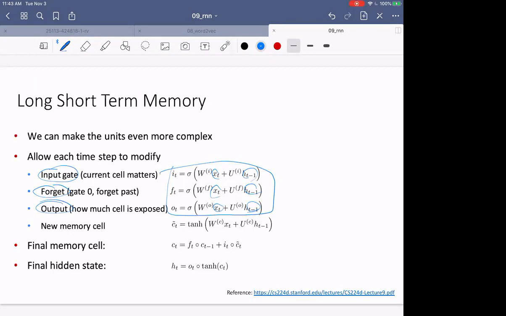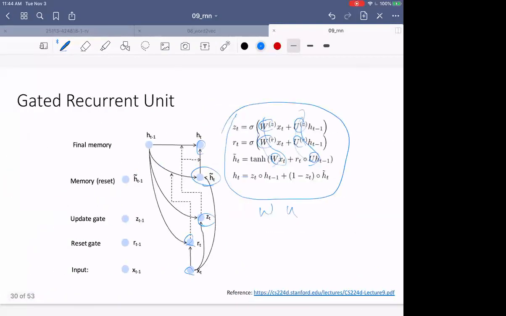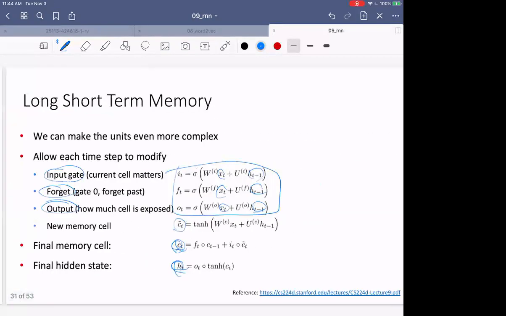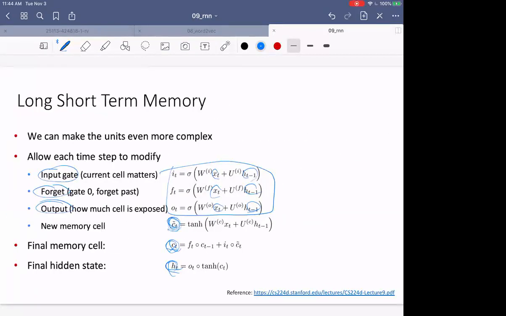Compared to GRU, there's something called memory cell, which is C. So GRU only has 1 output, which is H, but LSTM has 2 outputs, H and C. So H is the hidden layer, C is the memory cell. And on top of that, there's intermediate memory cell. Just like the GRU had intermediate hidden layer, there's intermediate memory layer. And it is calculated like this.